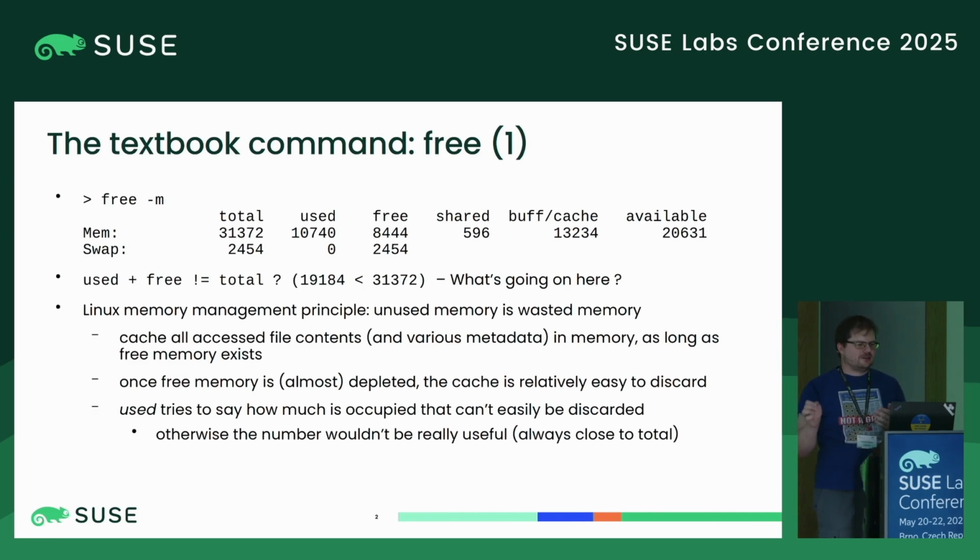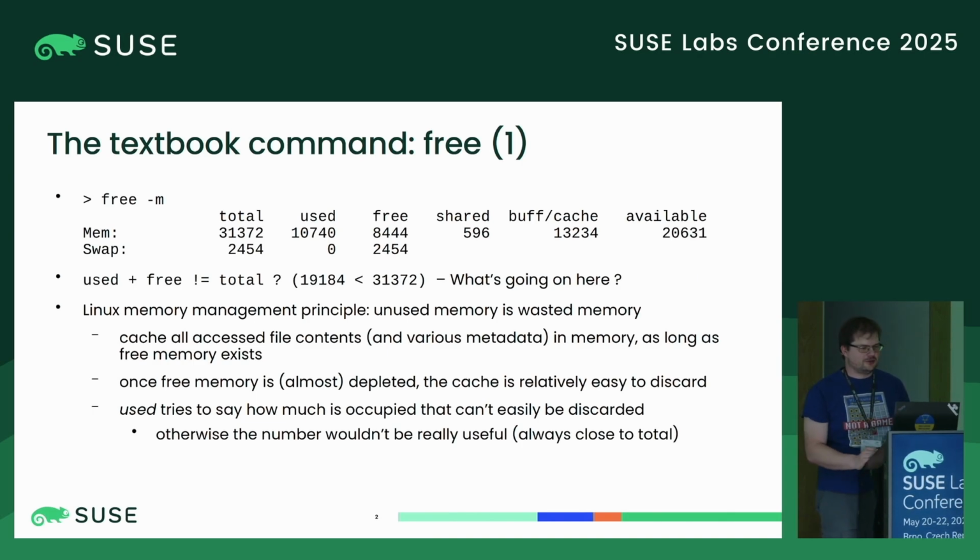The longer the system runs, the more memory will be in the page cache, and suddenly free doesn't make much sense because it's always close to zero. So we have to have some better metric to think about how much is free for user space if it wants to request more memory.